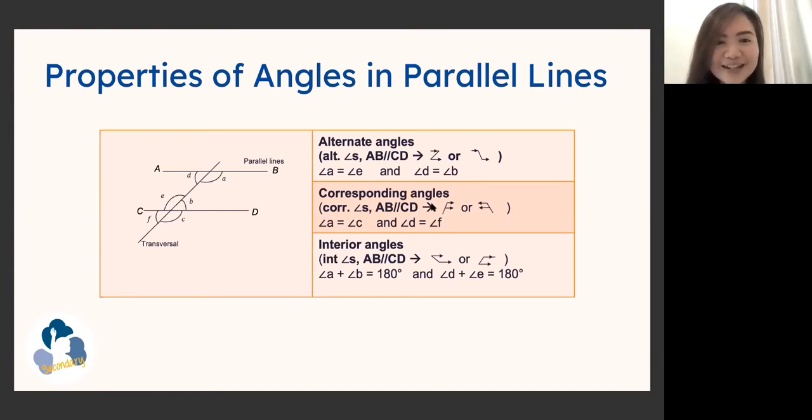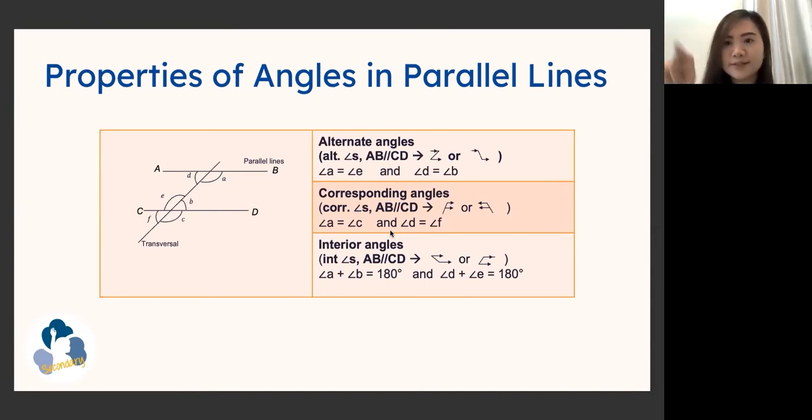Okay, corresponding angles. In short, CORR. We don't have to write in full, by the way. In exams, time is of essence. We don't have time to state everything in full like this. Just write CORR angles.